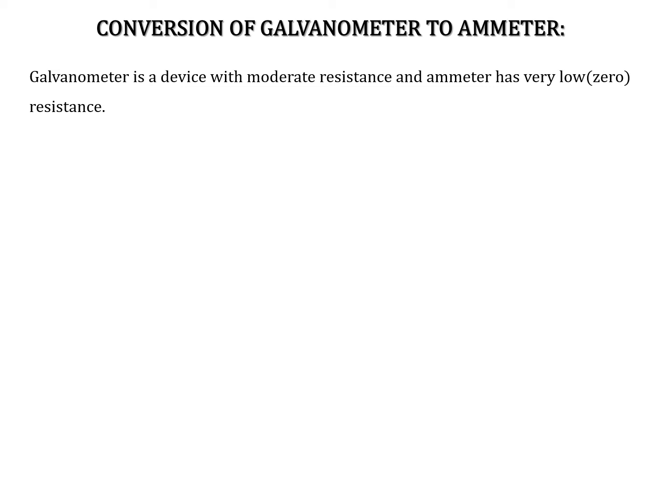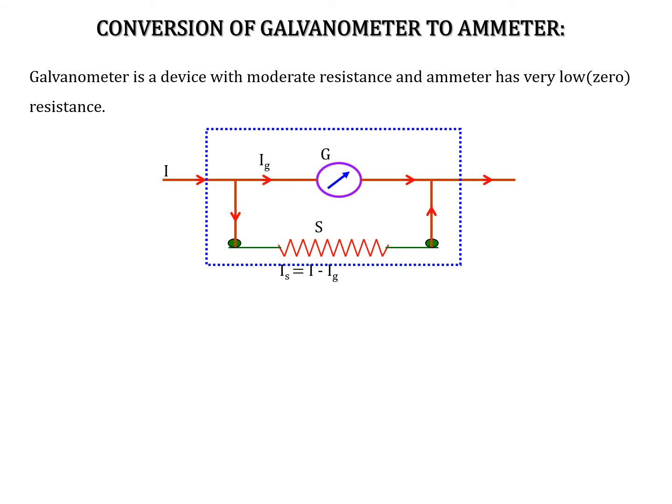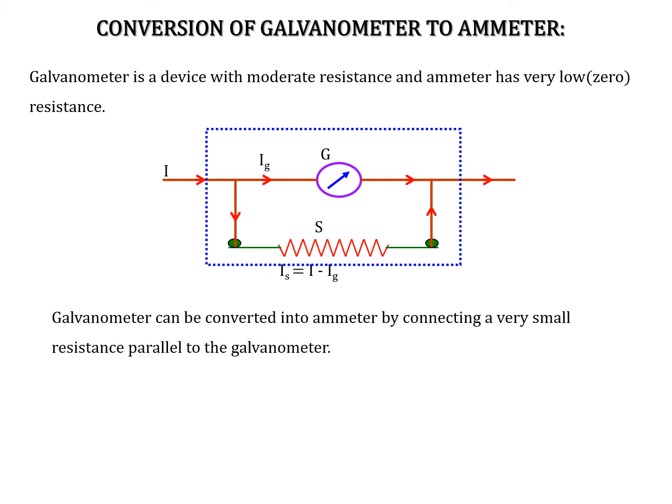So to convert a galvanometer into an ammeter, we connect a very small resistance parallel to the coil of the galvanometer, because by parallel combination resistance decreases. So we connect a very small resistance S parallel to the coil of the galvanometer.